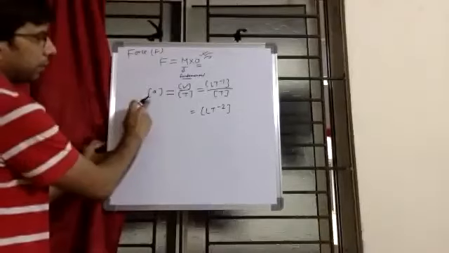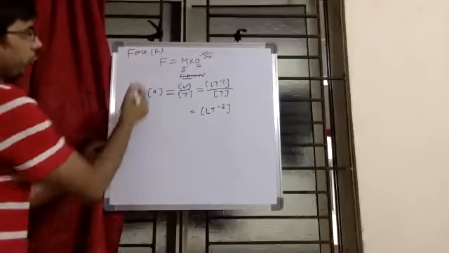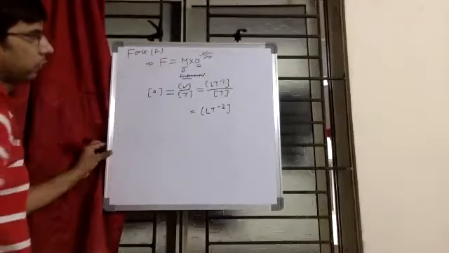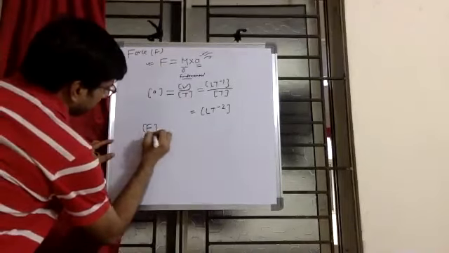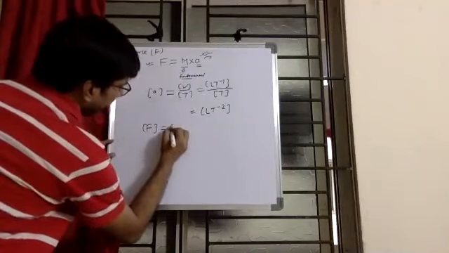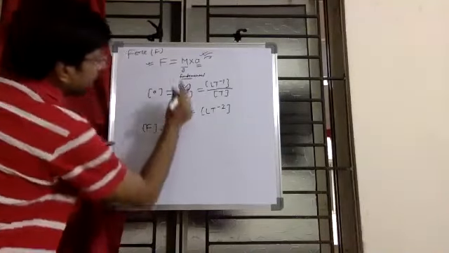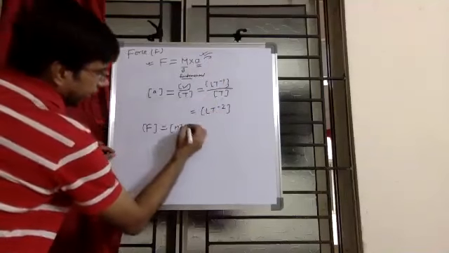Yes, sir. Okay. So now we know the dimension of acceleration. What we have to find out is the dimension of force. So what will be the dimension of force? It is the dimension of m into the dimension of acceleration, that is L T minus 2.